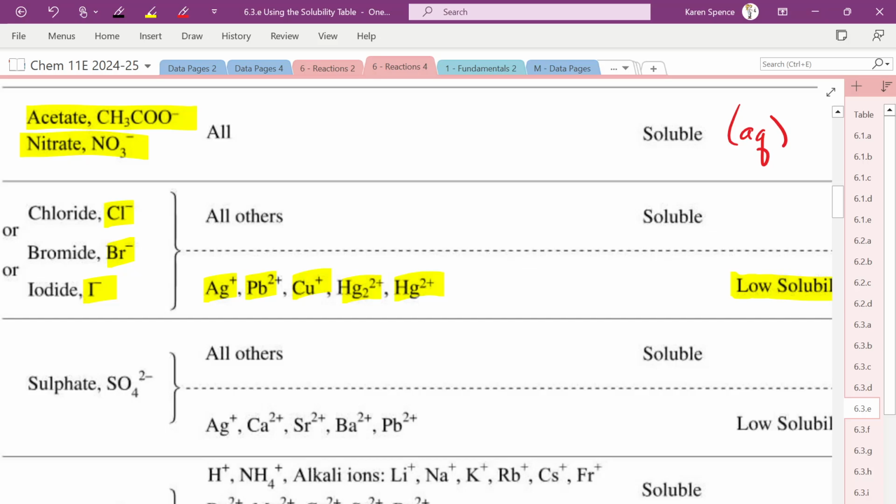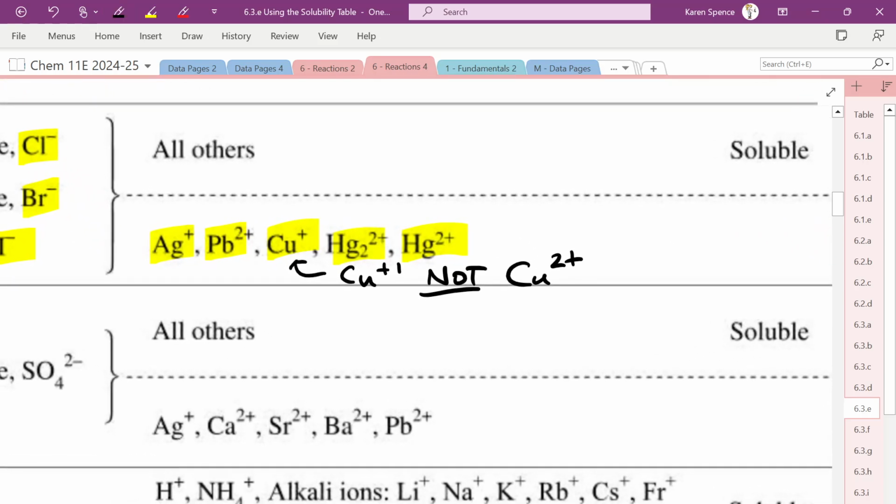It is aqueous. Now, one thing I'd like you to take into account here is this guy right here. This is Cu plus 1, not Cu 2 plus. It's just Cu1, not copper 2 plus. Where would copper 2 plus go? Soluble.